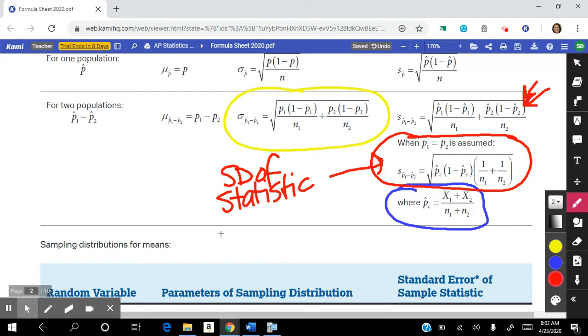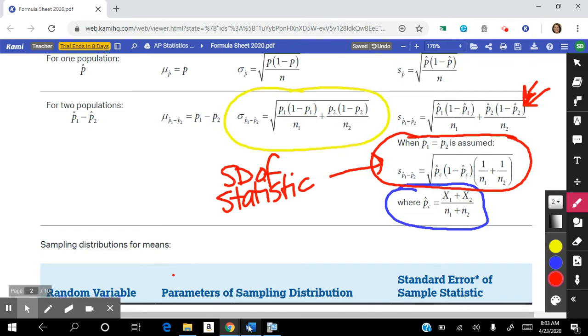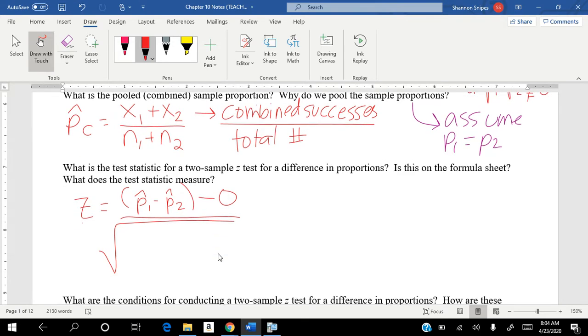So I'm going to come over here and write the one that matches the formula that is on the formula sheet. So it's going to be P hat C times 1 minus P hat C over N1 plus P hat C times 1 minus P hat C over N2.